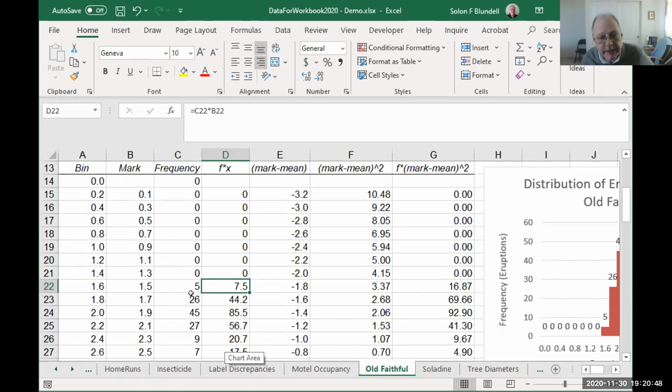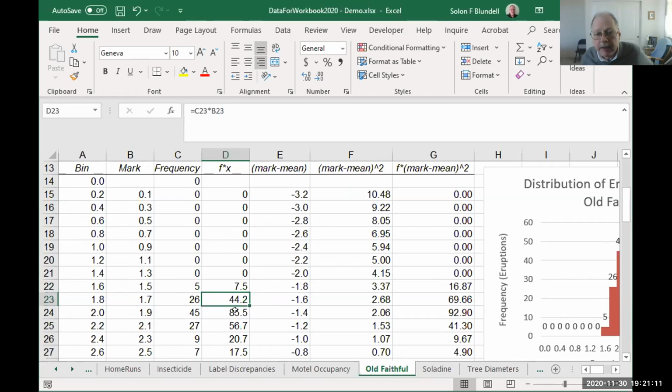And then there were 26 eruptions lasting about 1.7 minutes. So you add all those up. You do 26 times 1.7, and you get 44.2. So now we've added up the first 31 eruptions, 5 lasting 1.5 minutes, and 26 of them lasting 1.7 minutes each.